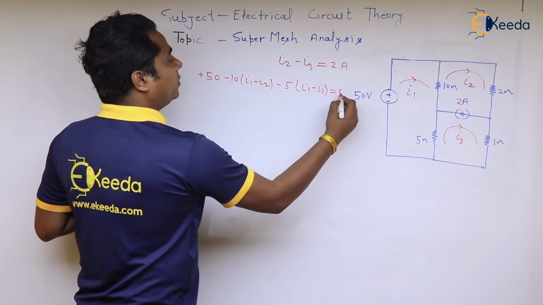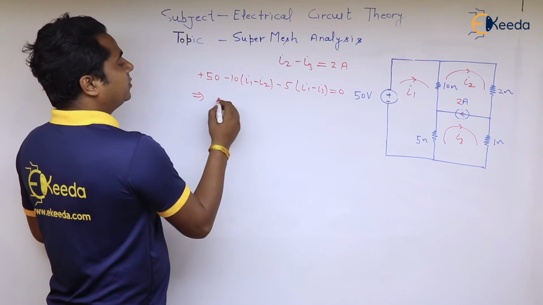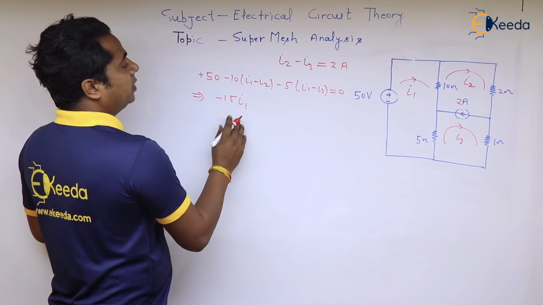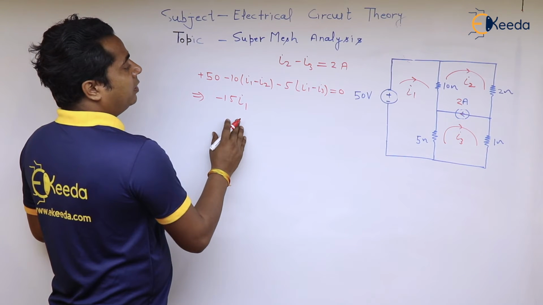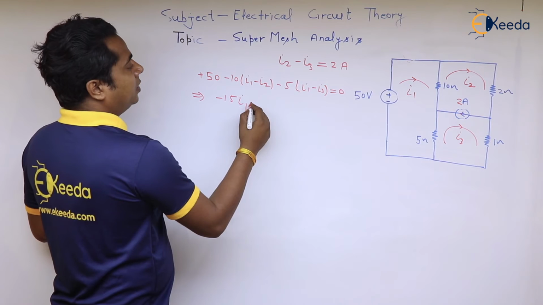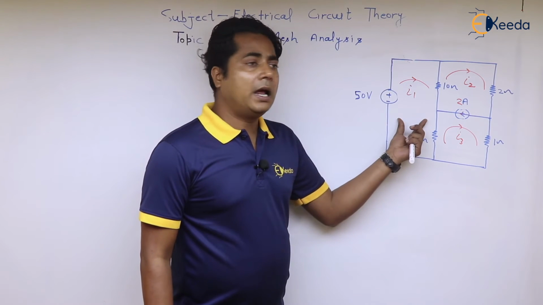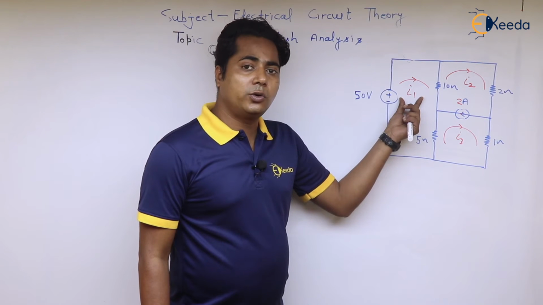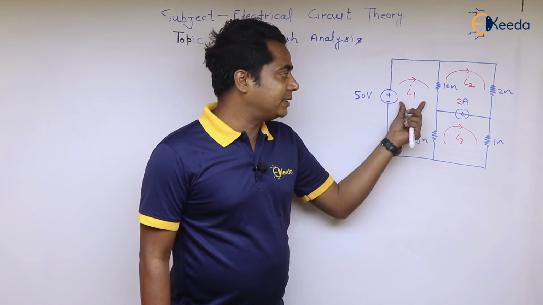I have told you the shortcut earlier. So minus of 15 I1 plus... This is the circuit, and in this circuit the value of I1 is asked through super mesh analysis.